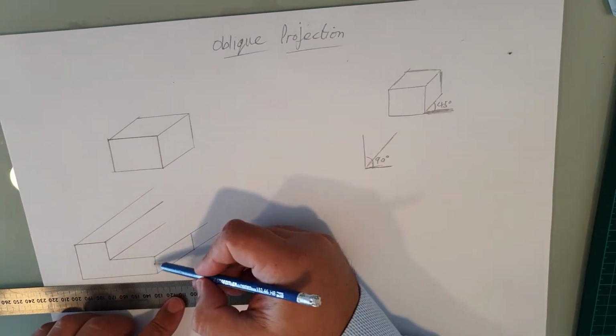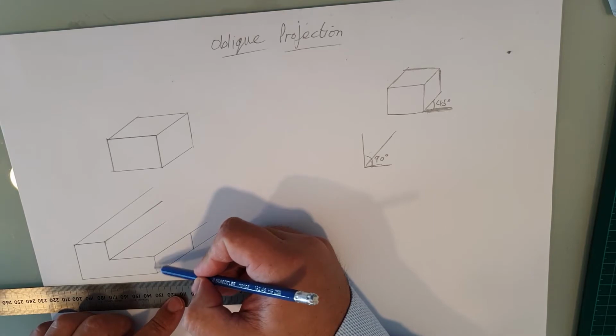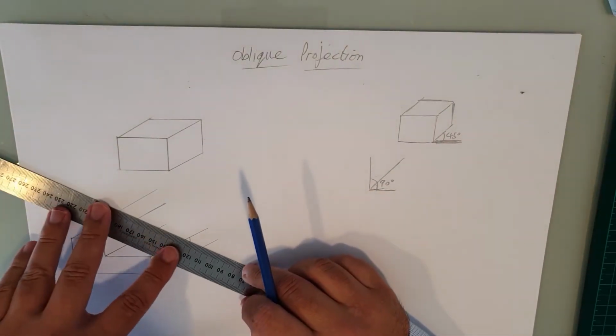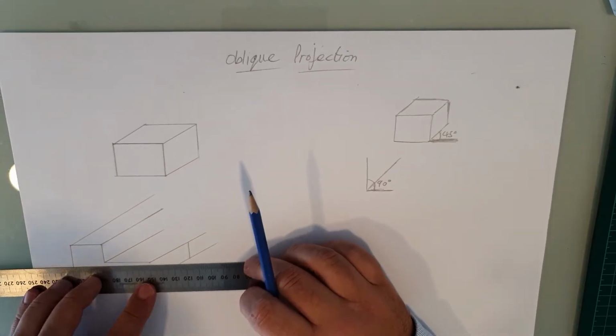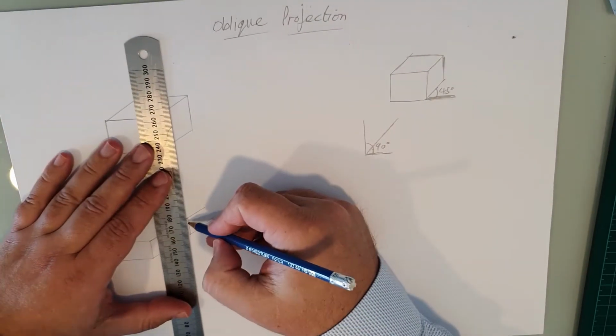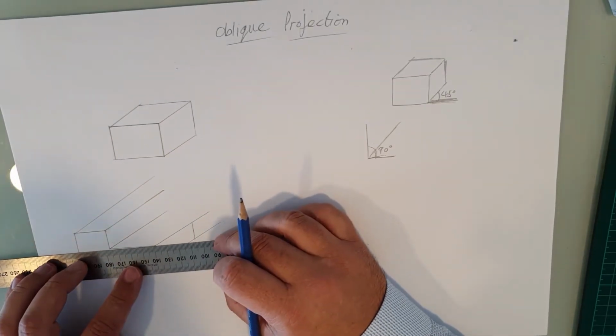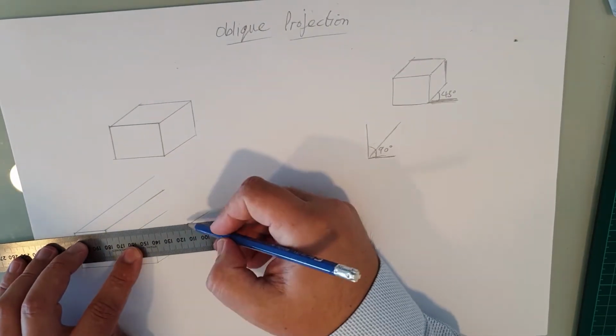Okay, so the lines I'm putting in now must be parallel with the vertical and horizontal lines. Can't just start doing them all at different angles. Okay, so that one there, I've done vertical, same as that one, and then I'm going to do that horizontal.